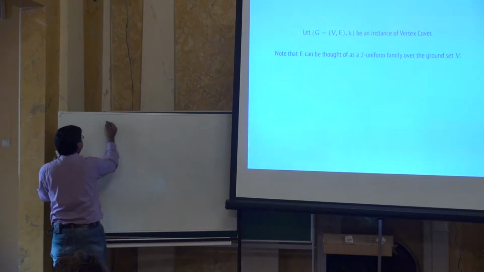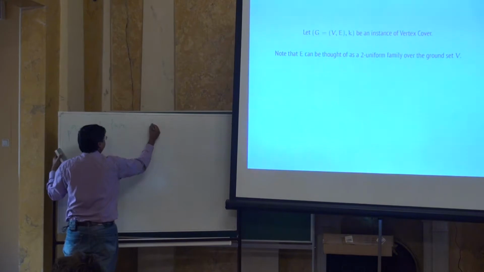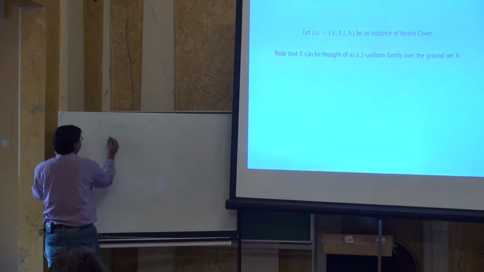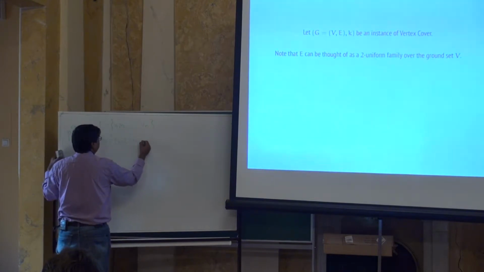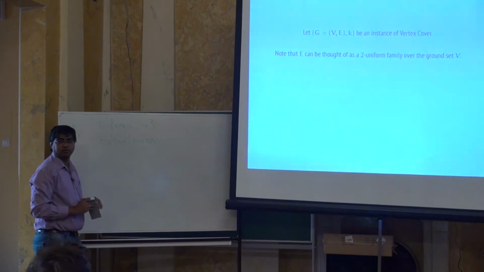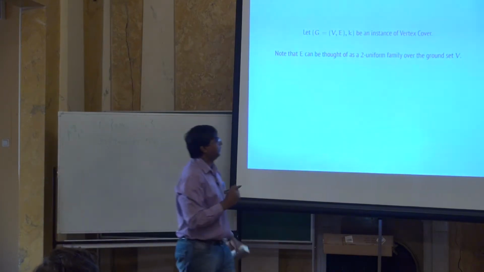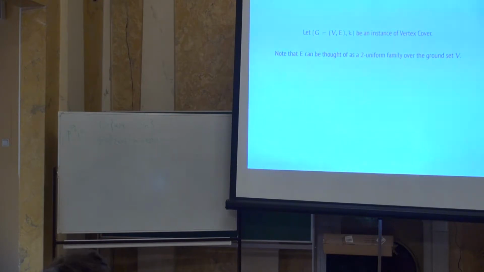So what is our universe? And what is our family? U comma V. U comma V is the edge of my graph.